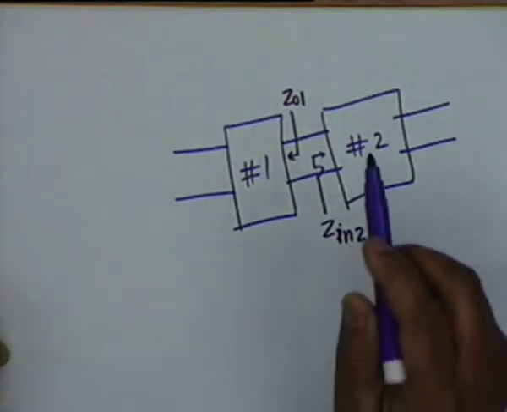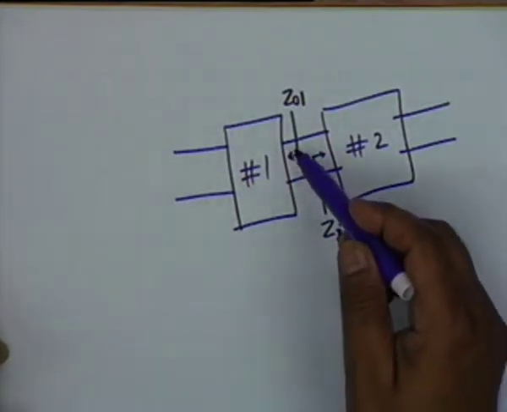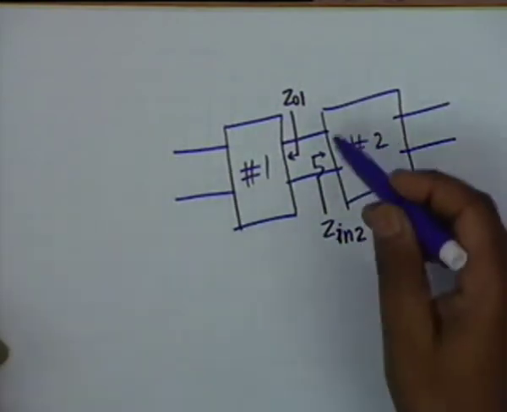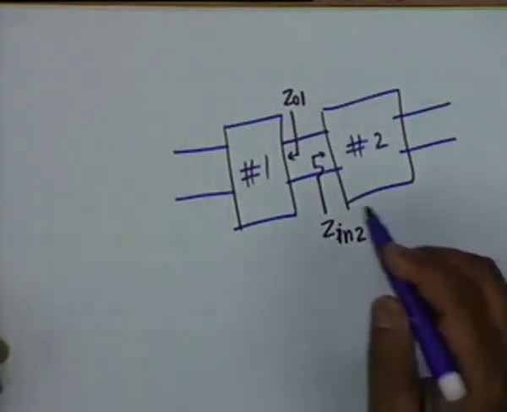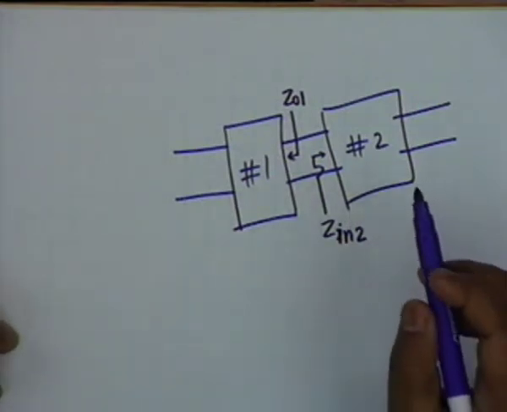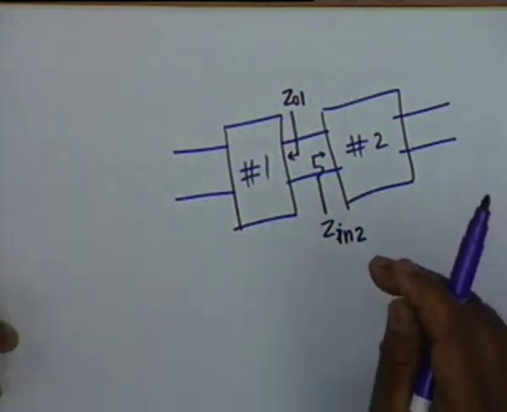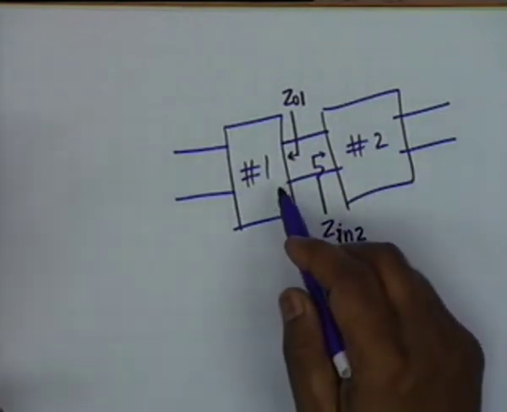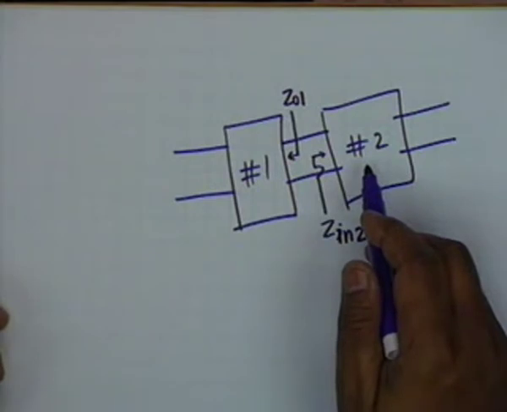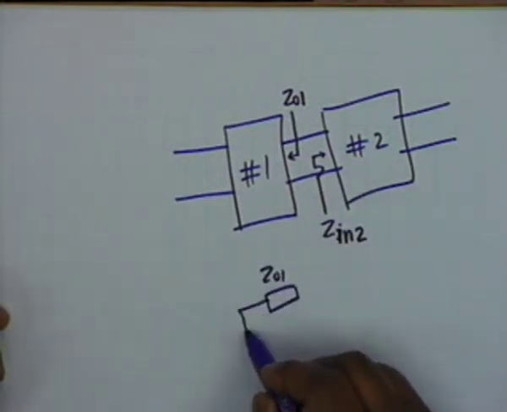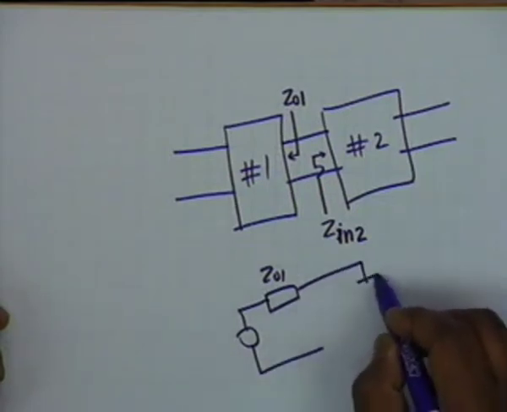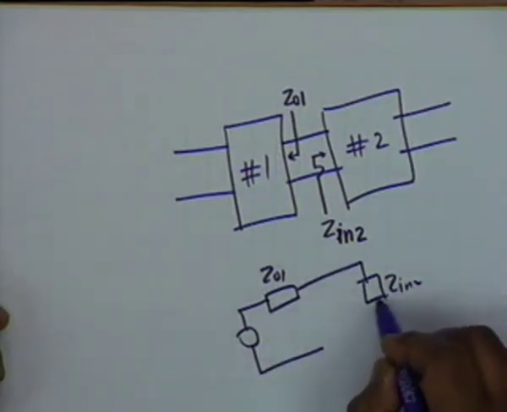Alright, suppose ZO1 is very large and Z in 2 is very small. Then only a small fraction of the first stage output shall be coupled to the second. Isn't that right? Because the Thevenin equivalent says that you have ZO1, a voltage source, then you are connecting to Z in 2.